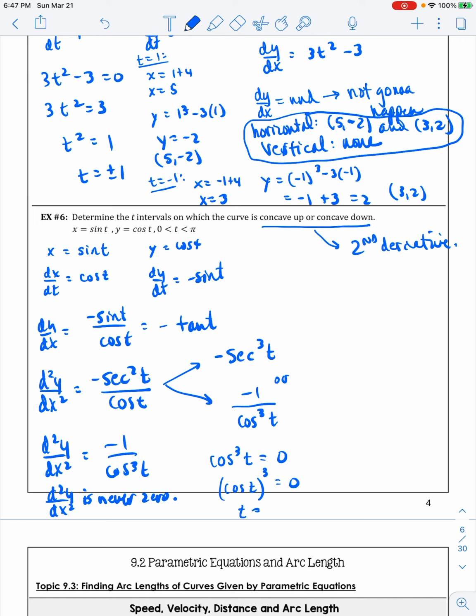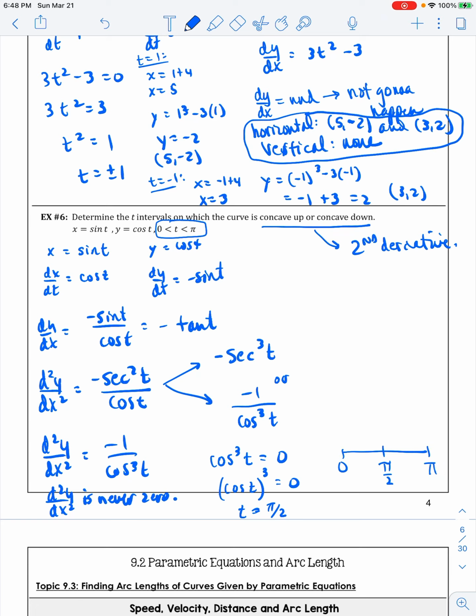Remember, you're in this interval from 0 to pi, so that's just the first and second quadrants. The only time cosine is 0 is when t is pi over 2. That's going to be your critical point.